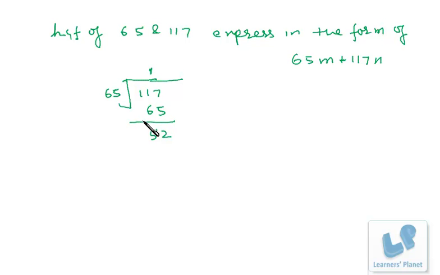So how could we write this 117? According to Euclid's lemma, 117 is equal to 65, that is the divisor, into quotient plus remainder. Now we just use this divisor as the dividend over here. This way, we have already discussed this.